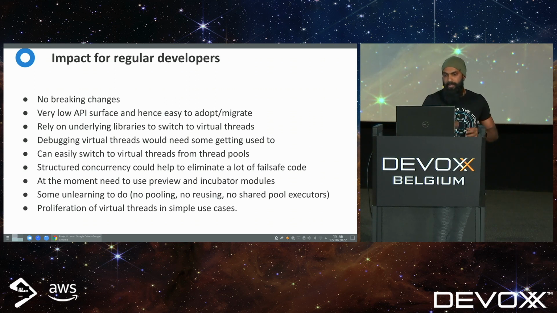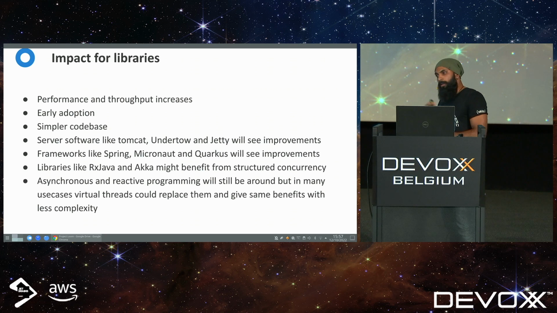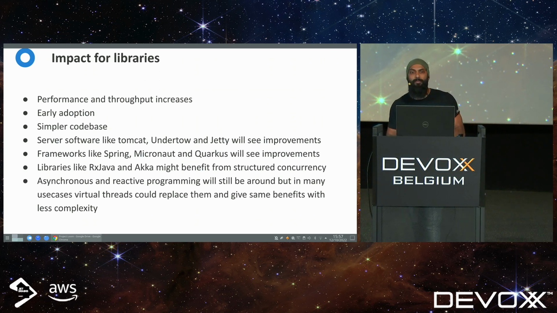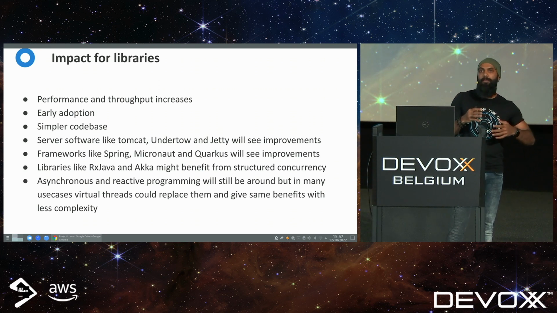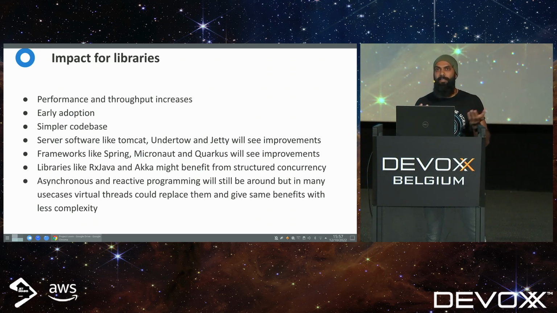Another important change, as I mentioned, is we would start seeing the proliferation of virtual threads in common use cases which you might not be considering today, like in Golang. So probably using virtual threads will become a very normal thing that you will start seeing everywhere. And for libraries, when these features are production ready, of course, it will be a big deal, because a lot of libraries can easily switch to virtual threads and increase throughput, and get rid of current mechanisms being used for these purposes.